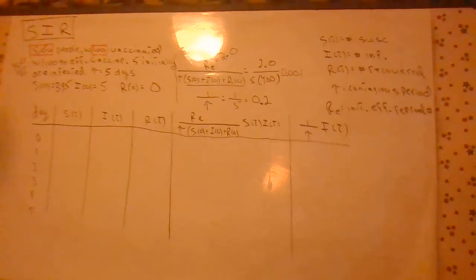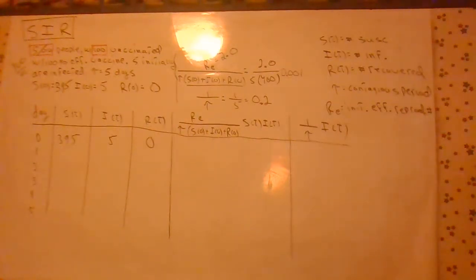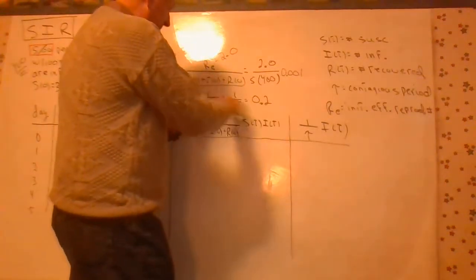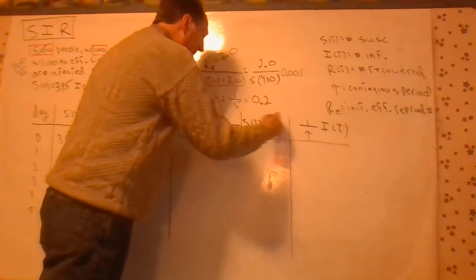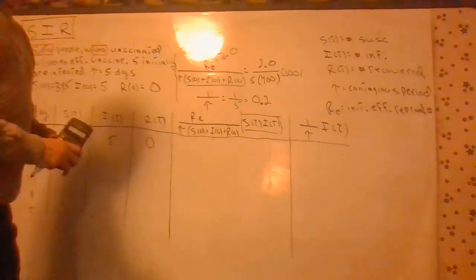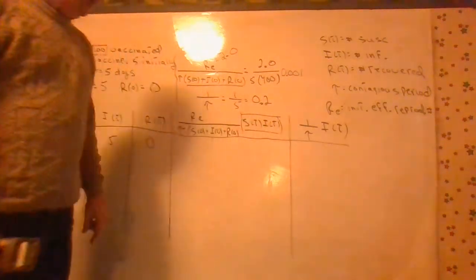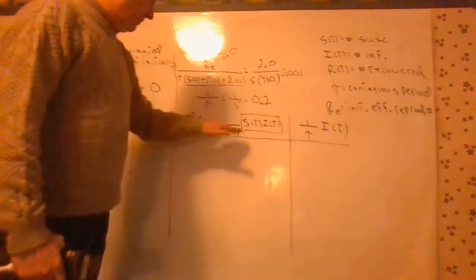Now day 0, this is right at the beginning. We have the number susceptible is 395, the number infected is 5, the number recovered is 0. And this is basically new infections. This is how many are infected. This you should recognize: susceptible times infected. That's the number of possible interactions between those that can get it and those that have it. We already went through that with logistic growth.